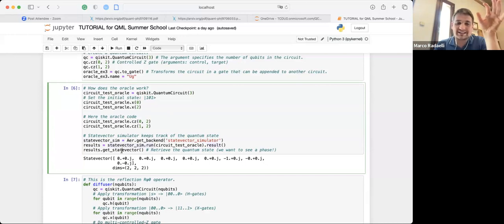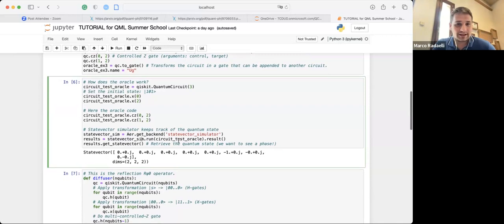And when I ask to get the state vector, it means I want the quantum state. Getting the quantum state is something that you can only do on a simulator. A quantum computer has no idea of what's the quantum state. It's just doing physics. Is this okay? Sorry for not having more details about how to design an Oracle, but it's really a tricky thing that I'm not an expert about.